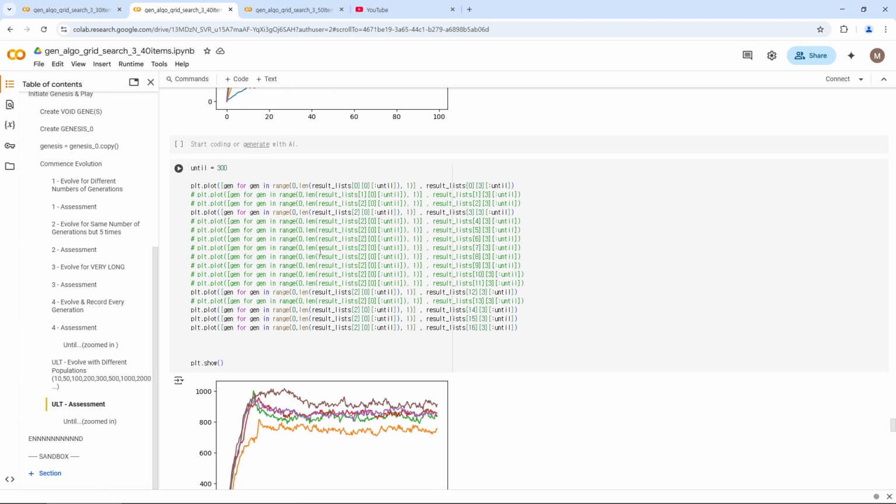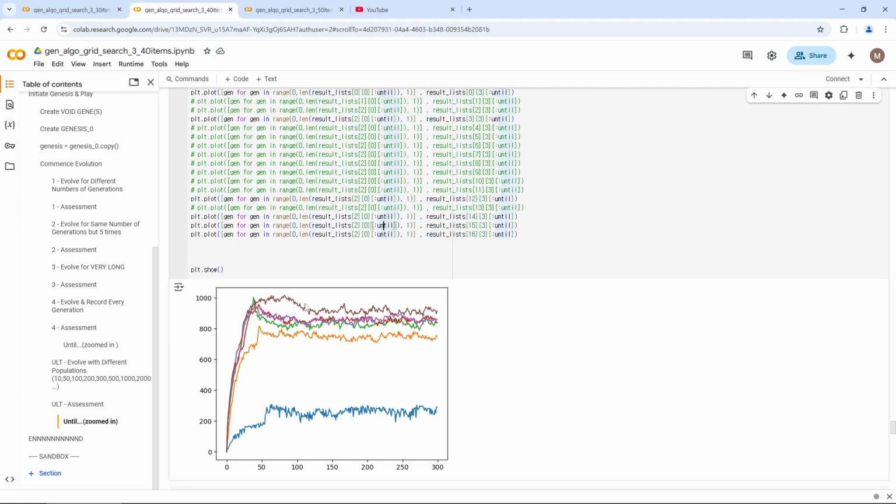And if we plot it until generation 300, even the top brown one, where population 2000 is represented, there's still a dip. The plateau is still at a higher level, but there is still a dip. And even for the green one as well, they sharply go down.